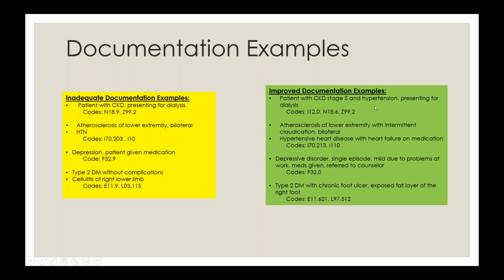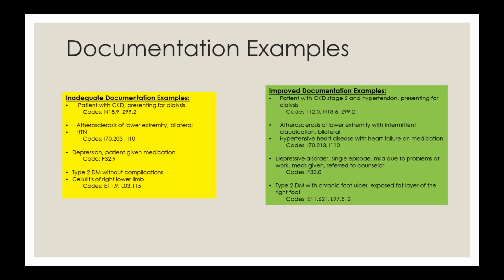But if they put in their documentation, patient with CKD stage 5 and hypertension presenting for dialysis, then that would go to that combo code, I12.0 and the N18.6 and the Z99.2. So then that can be captured to a higher specificity. And because N18.9 is just that unspecified code, this will specify that CKD.